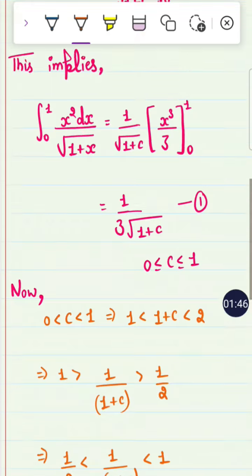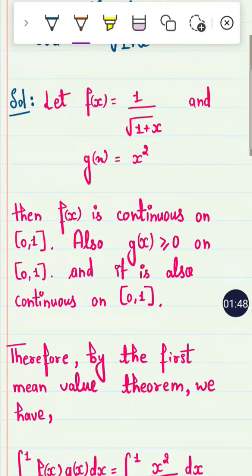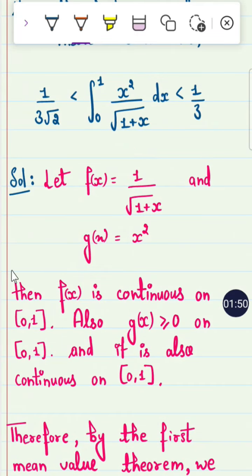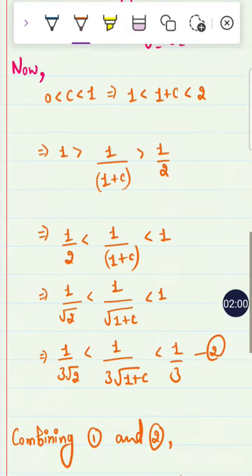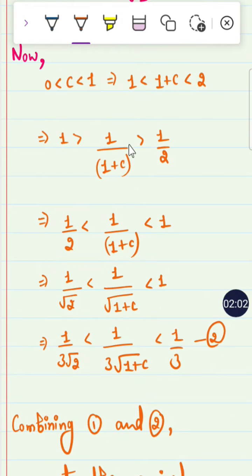As we have to find out 1 plus x, it can be written as 1 plus c. Since 1 plus c is in between 1 to 2, 1 over 1 plus c is in between 1 by 2 and 1. That is, 1 by 2 is less than 1 over 1 plus c, which is less than 1.